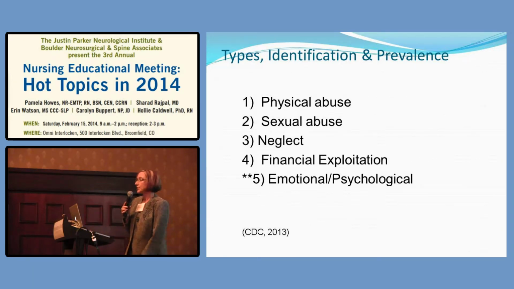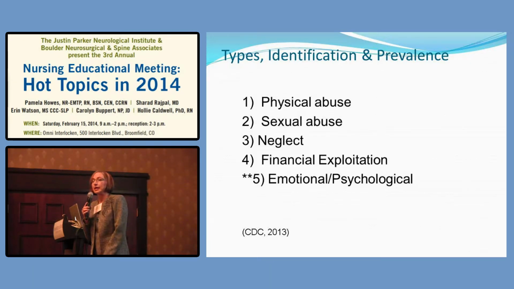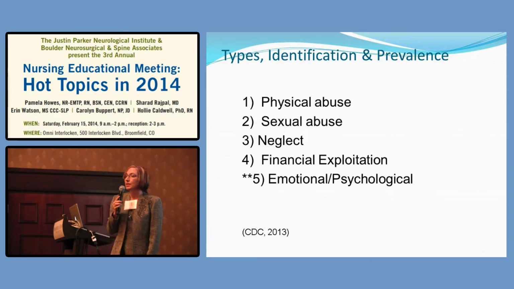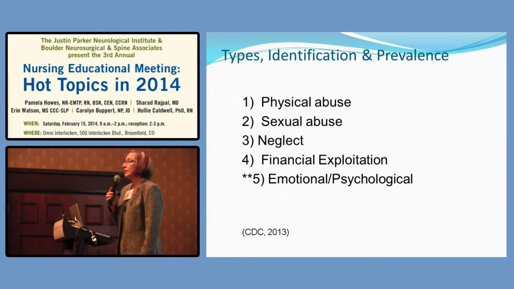Sexual abuse. Sexual abuse is defined as any unwanted touching, either directly or indirectly, of the breast, anus, groin, genitalia, mouth, or anus. And it can be identified by any of the usual sexual assault symptoms that we see in younger populations.